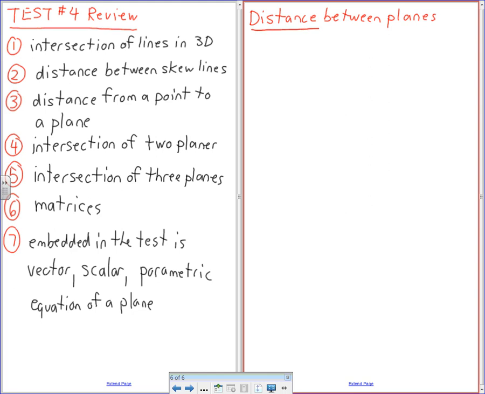Okay, I'm going to be lazy here. I'm going to tell you the steps and I'm going to make an example. Here's the steps. You're going to pick a point on each plane. Then you're going to make a vector between them.